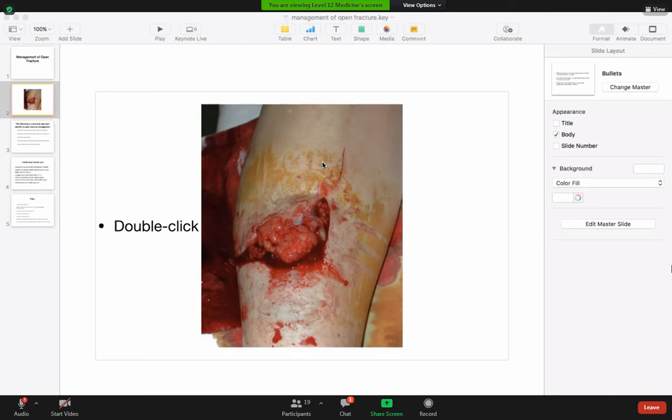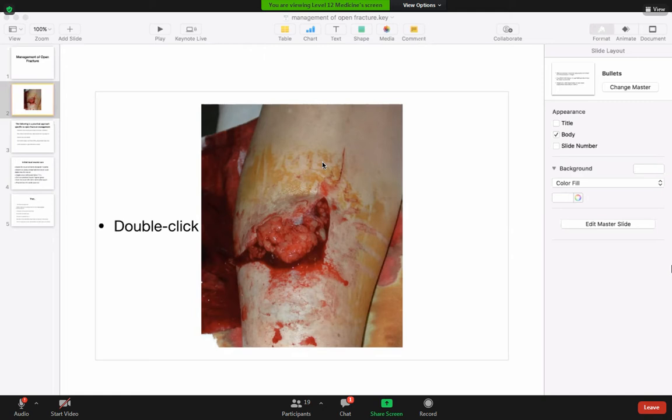But starting with grading will help with communicating with your colleagues. So say if you wanna relay this history to your senior, you can say this is a grade 1, 2, 3. Then that will give him an idea, and then he can imagine the picture of the wound. Then starting with local assessment.